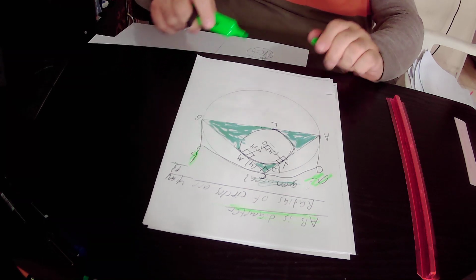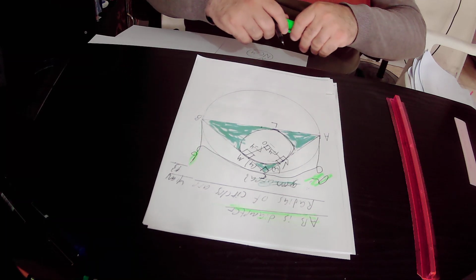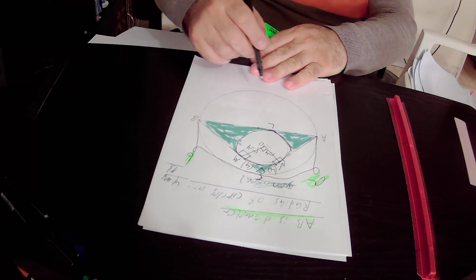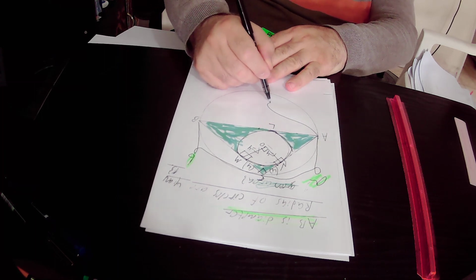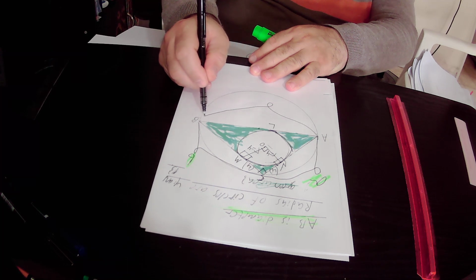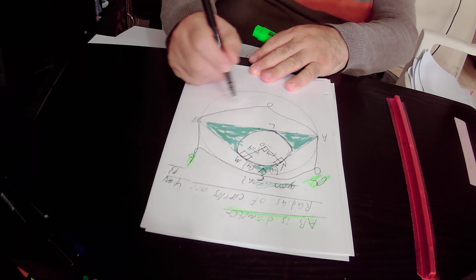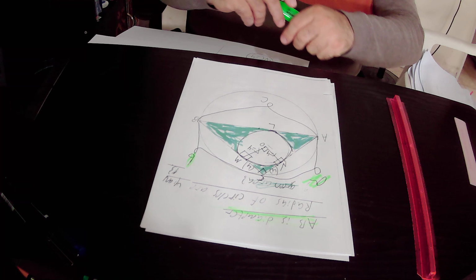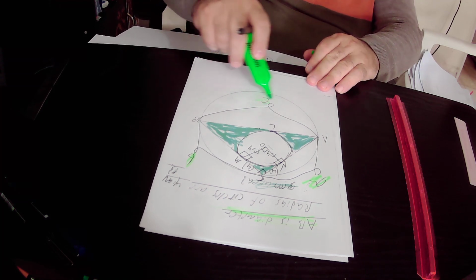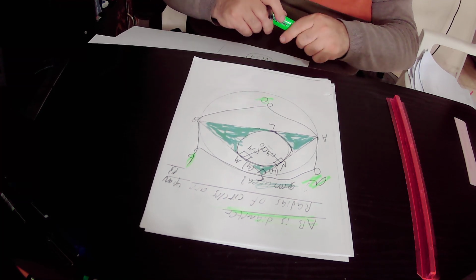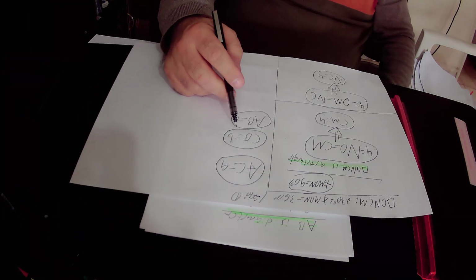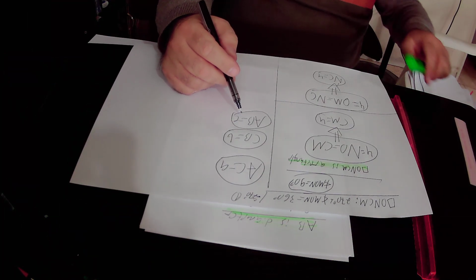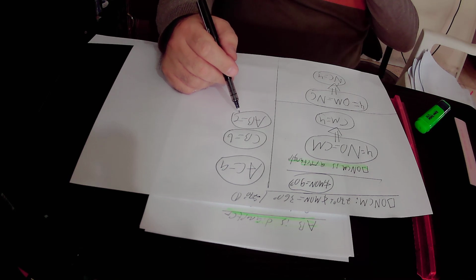And we define side AB, that is the diameter of the big circle, as C. Here, side AB equals C according to our definition. I repeat again: side AC equals A, side CB equals B, and side AB equals C according to our definition.